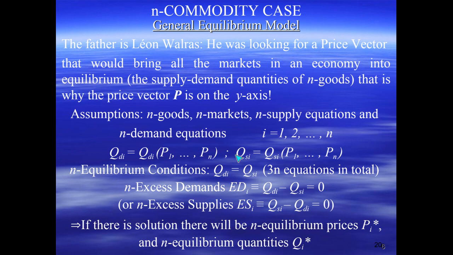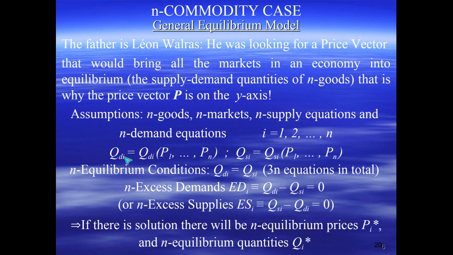In order to express it simply, we can say i is going from 1 to n: 1, 2, 3, 4, etc., up to n. And then QDi, the demand equation for each good, each market, is QDi equals QDi(P1 to Pn). All the prices appear in all the demand equations.